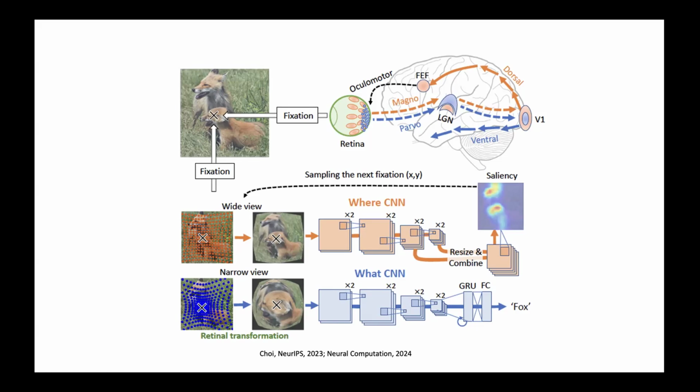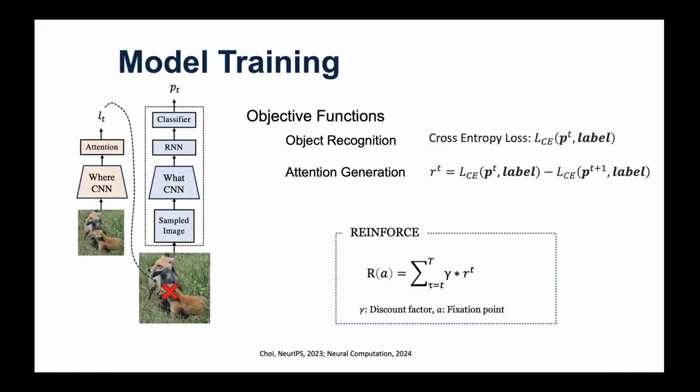So in some way the where CNN just keeps visiting different parts of the visual scene, and the what CNN draws visual input and builds the representation cumulatively through, in this case, a few layers of a GRU that accumulate the visual information across different eye movements. So this shows again that the where guides where to look next.